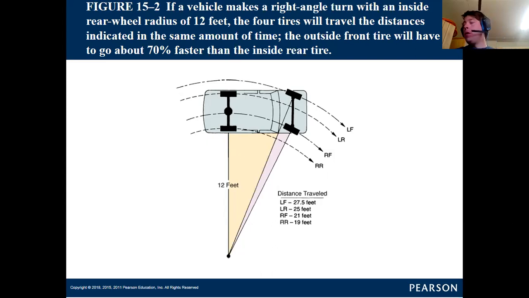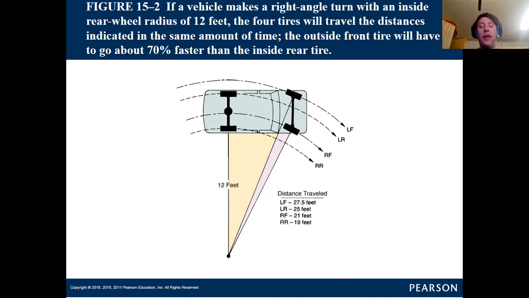So part-time four-wheel drive vehicles do not overcome this challenge. All-time four-wheel drive vehicles do. So the difference between all-time four-wheel drive and part-time four-wheel drive is a center differential mechanism of some kind.